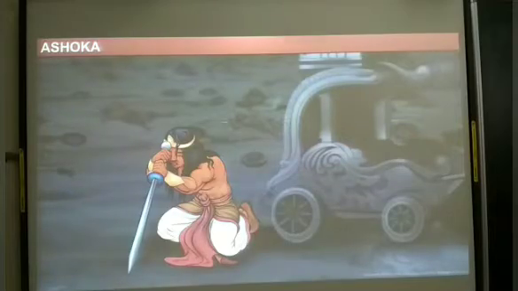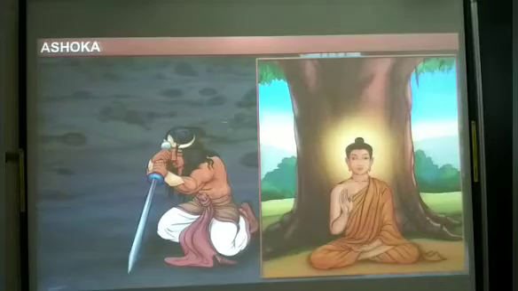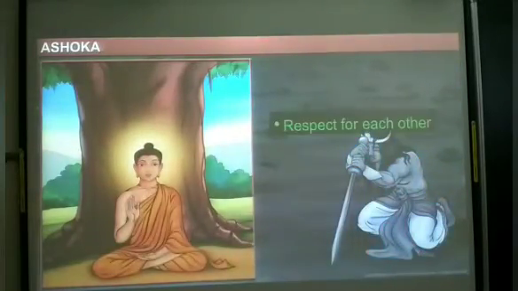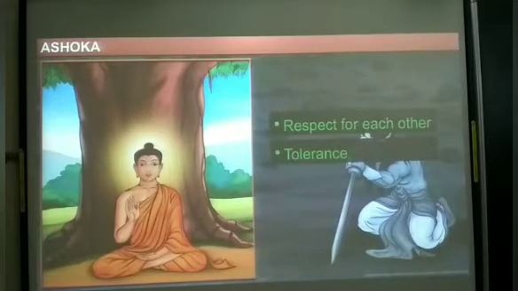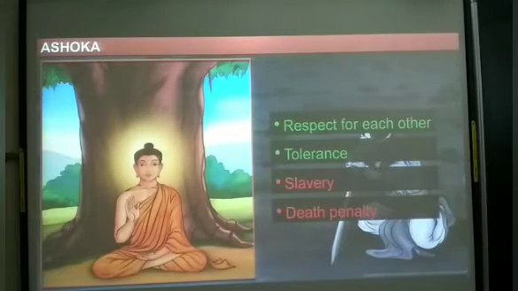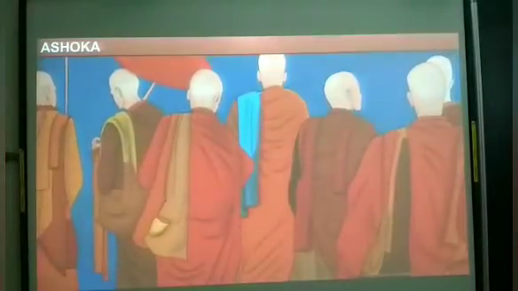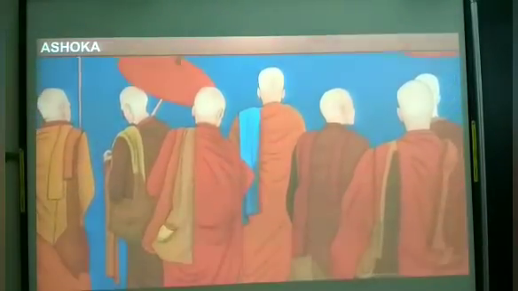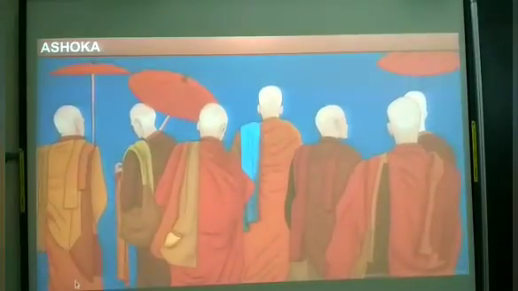After seeing the destruction, he converted to Buddhism and started teaching Buddhist values like respect for each other and tolerance to his people. However, as a practical ruler, he did not allow slavery and death penalty for heinous crimes. He appointed several officers as Dhamma Mahamattas who traveled to places preaching Dhamma.